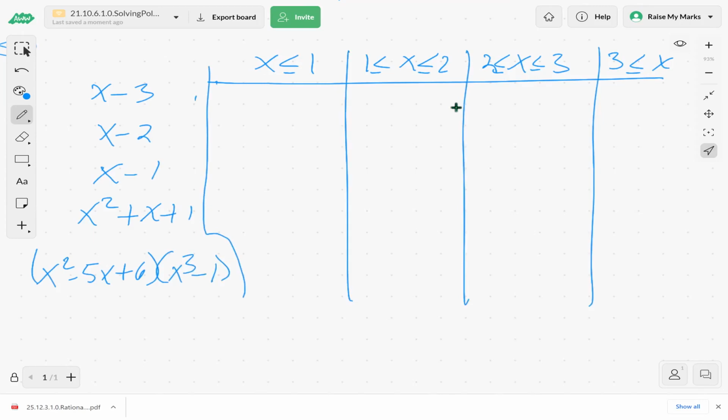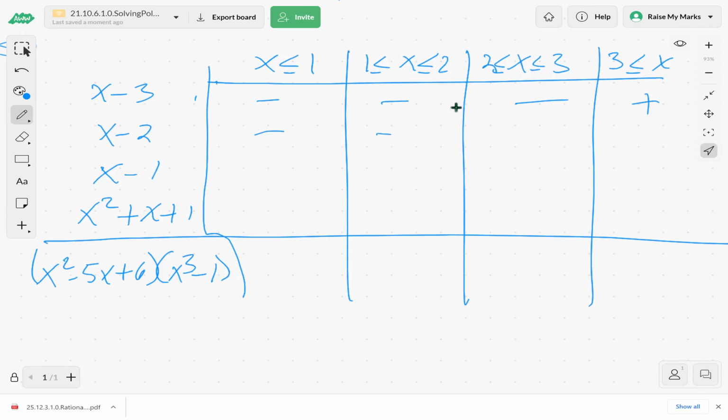Okay, so let's see what happens on each of these intervals for each of the factors. x minus 3 is negative when x is less than or equal to 1, negative when x is between 1 and 2, negative when x is between 2 and 3, and positive when x is greater than 3. x minus 2 is negative when x is less than 1, negative when x is between 1 and 2, positive when x is between 2 and 3, positive when x is greater than 3. x minus 1 is negative when x is less than 1, positive when x is between 1 and 2, and then positive throughout.